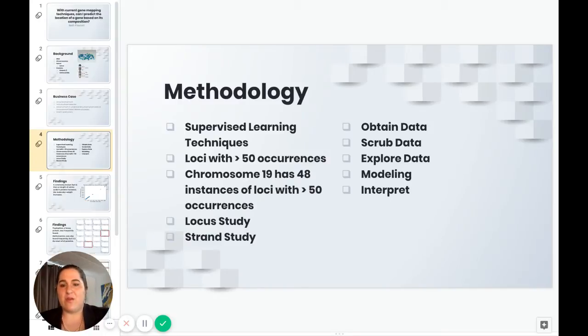I used loci with more than 50 occurrences only. That just helped with my data integrity, and I ended up selecting chromosome 19, which had 48 different genes that had more than 50 loci on a particular chromosome. I mentioned I have two studies, the locus study, which is the location of the gene, and the strand study, which is the direction it's being read in.